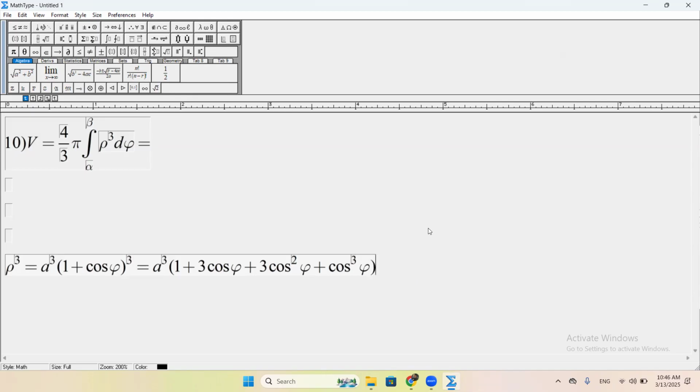Now let's write it as a sum of integrals, and then a lot of things will be simplified. So we integrate from 0 to p.